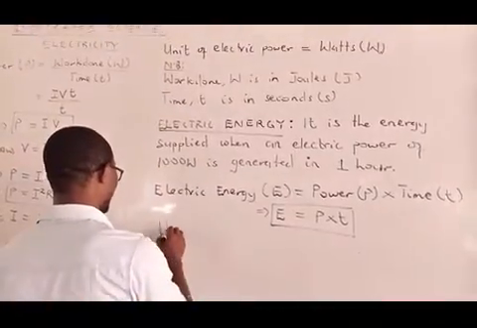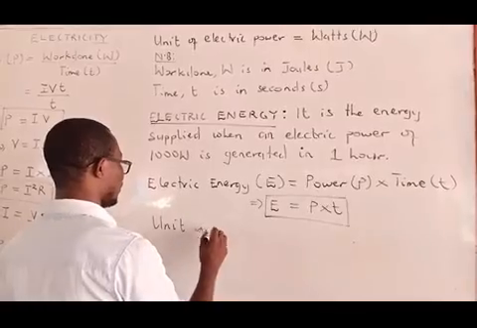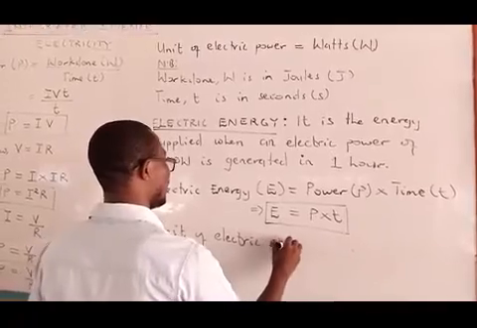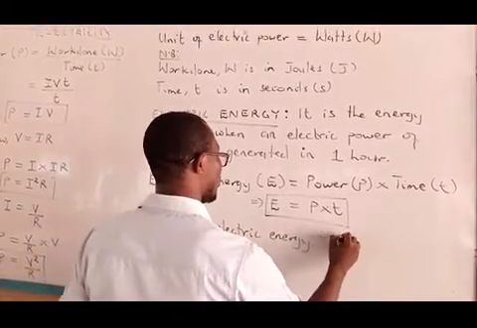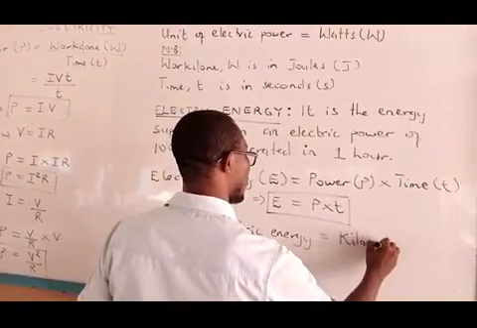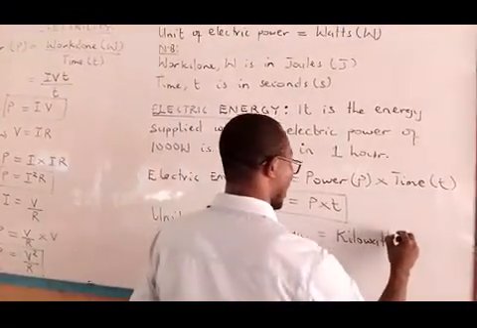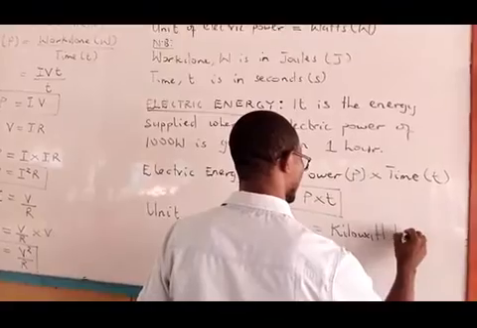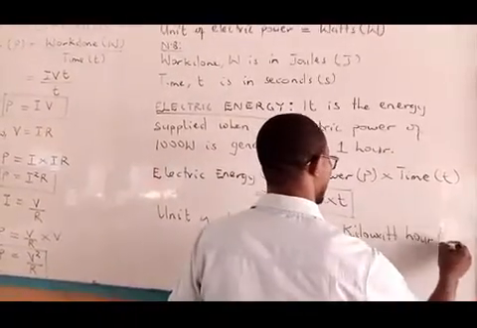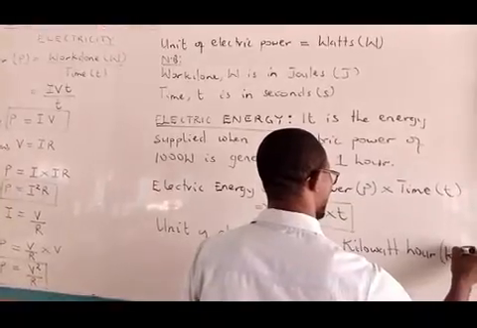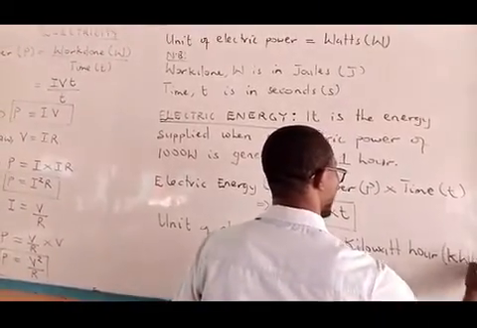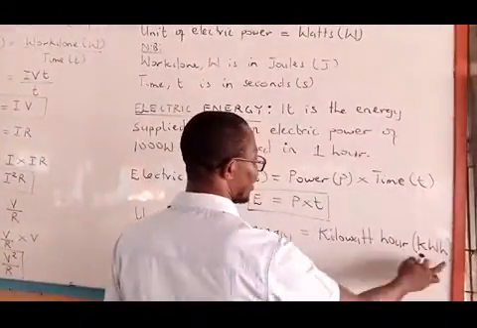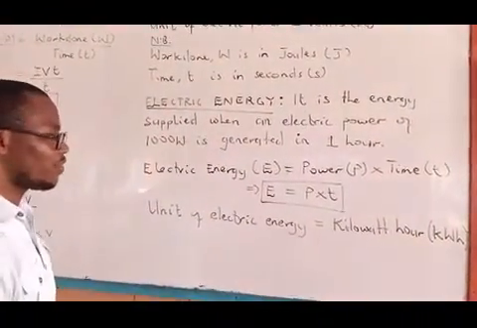So your unit of electric energy is kilowatt hour, which is represented as small k W H. The K there is kilo, the W is the watt, and the H is the hour. So that's the unit of kilowatt hour.